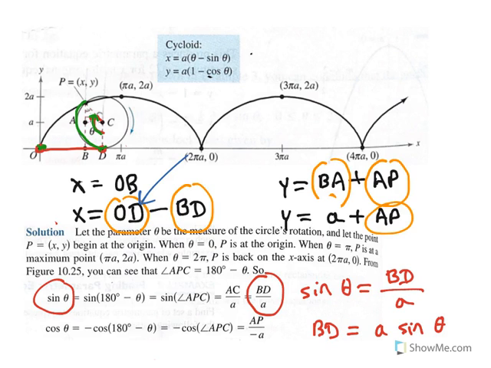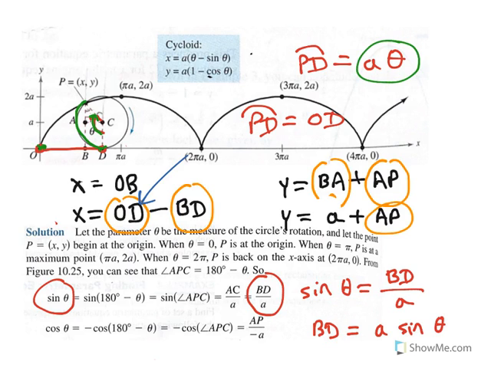It has revolved by an angle theta, and it has rolled a horizontal distance equal to the length of arc PD, which by number 4 from our prerequisite worksheet is equal to A times the angle of rotation, where A represents the radius of the circle. So the length of arc PD is equal to the distance from O to D, and that length of arc PD is A times theta.